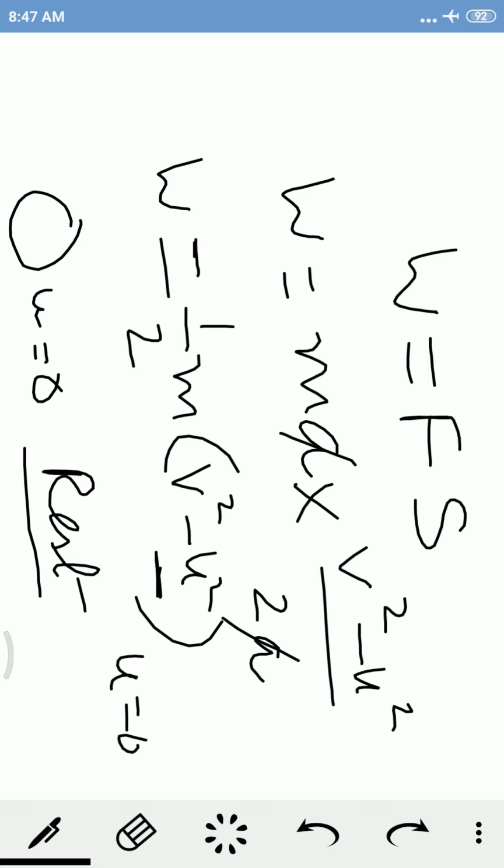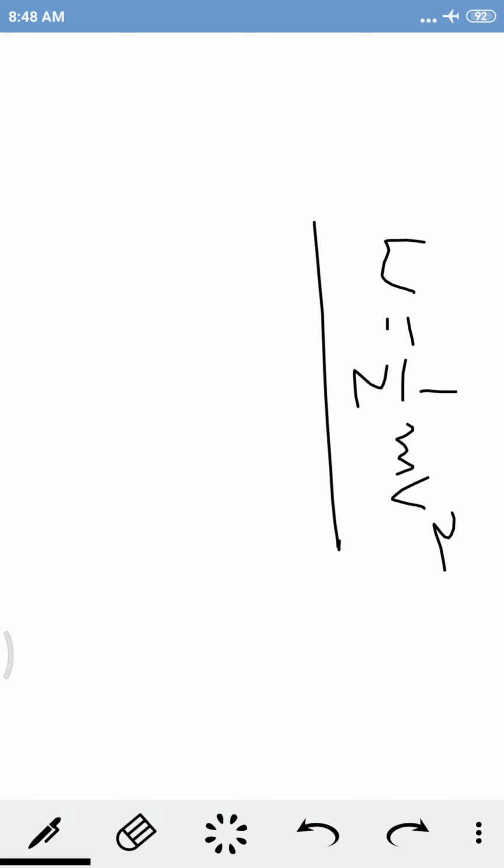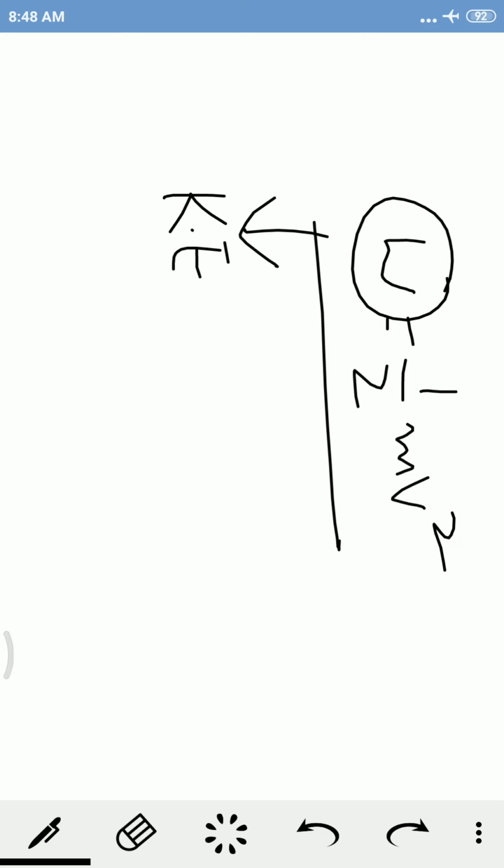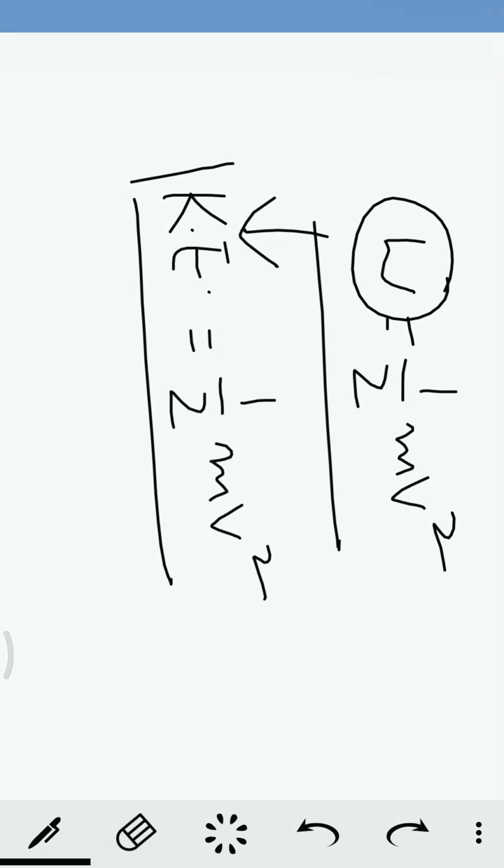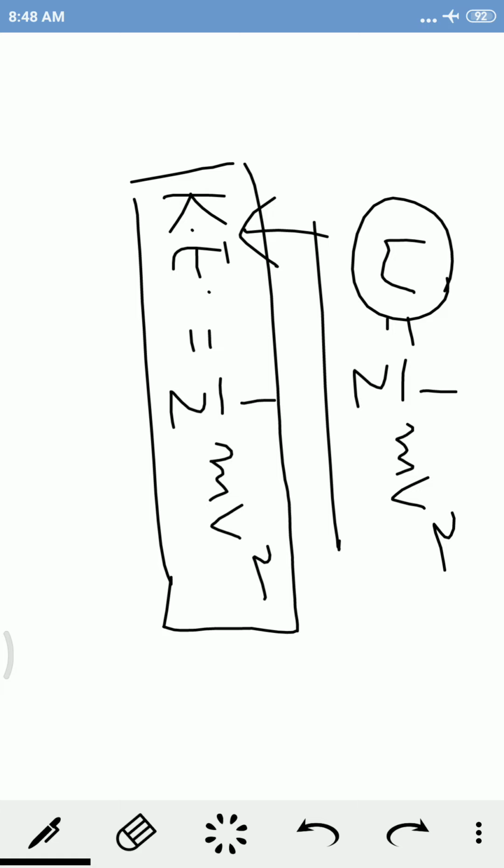So if we take u as 0, we get W equals half mv square. Now I told you previously that the work done to bring the object into the state of motion will be equal to its kinetic energy. So kinetic energy will be equal to half mv square. So in this way we have got the expression to find out kinetic energy.